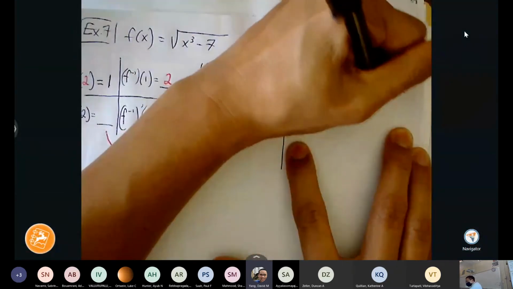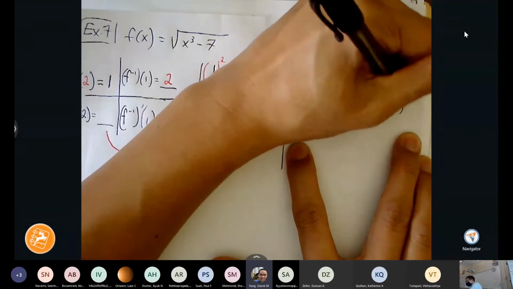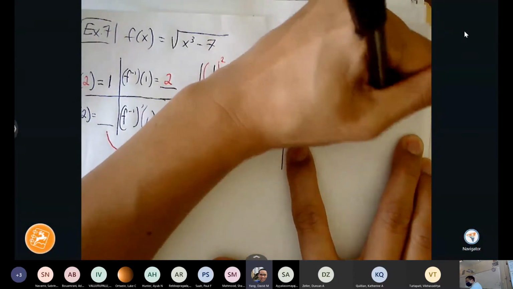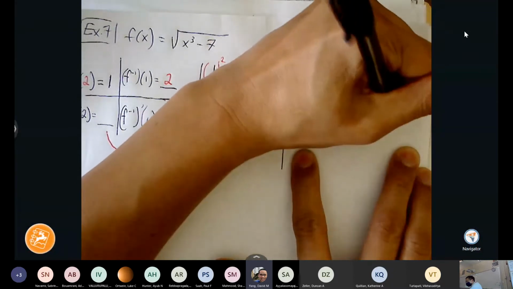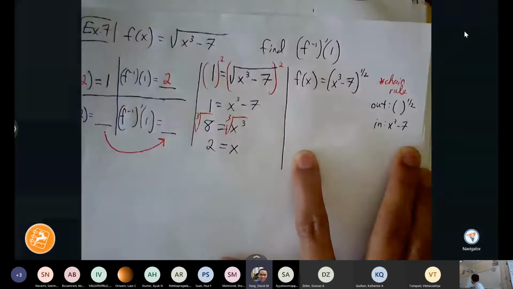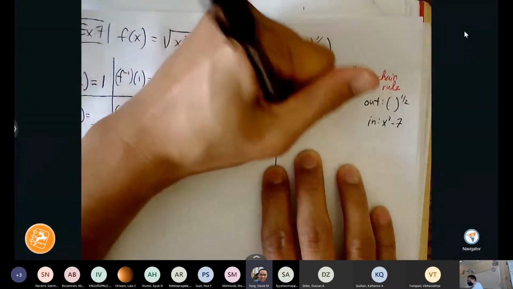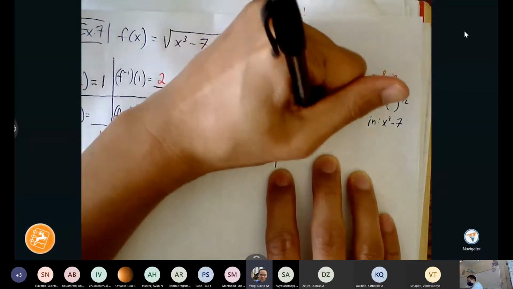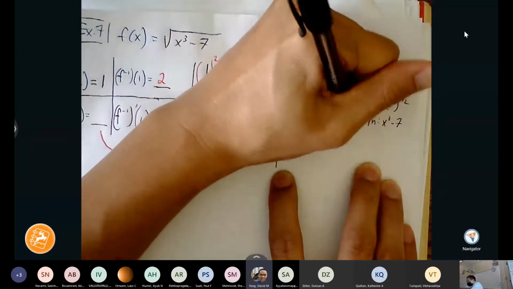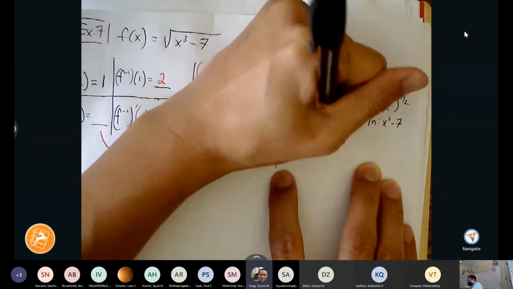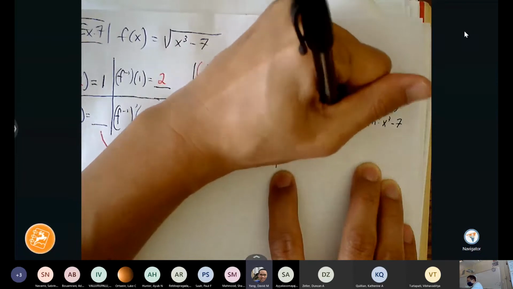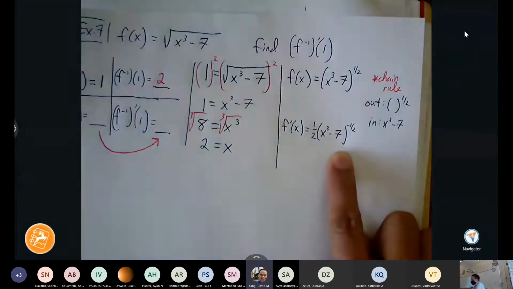So outside versus inside. Outside's derivative, negative 1/2. Good. Keep the inside intact.